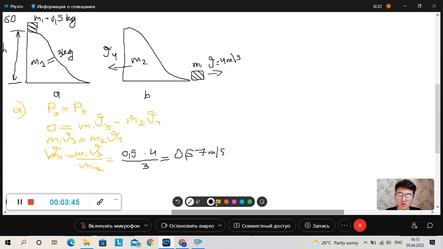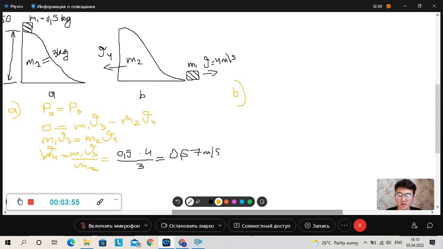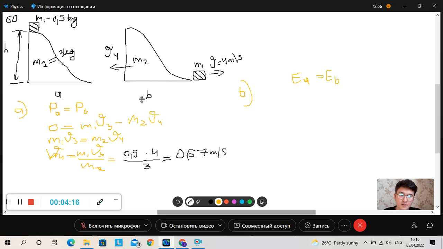And the next question, we need to find the height of the second object, and I will define it with this formula. Energy A is equal to energy B. This is the first situation and this is the second situation.